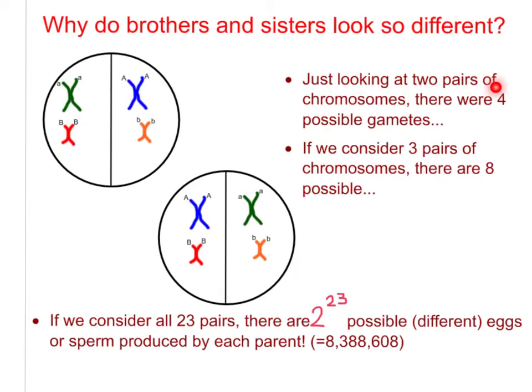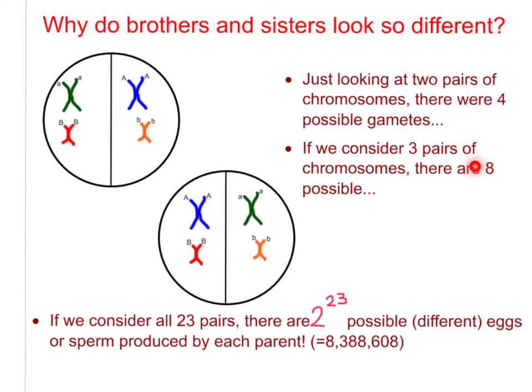What if we were looking at 3 pairs of chromosomes? We get 8 different possibilities if that's the case. So remember, human beings have 23 pairs of chromosomes.